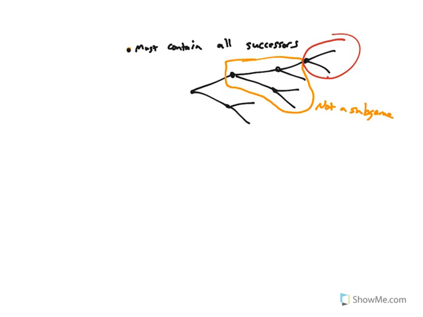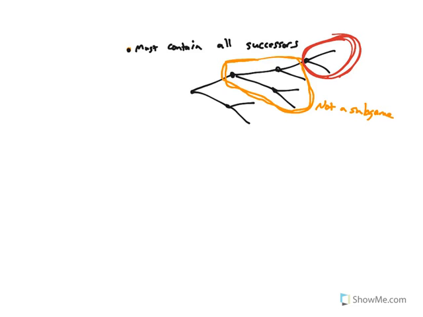So the third and final rule, the intuitive rule that we can derive from that definition, is that for a set of nodes and branches to be a subgame, they must contain all successors to the initial node. In this game, this piece is not a subgame because it doesn't include that part of the tree.